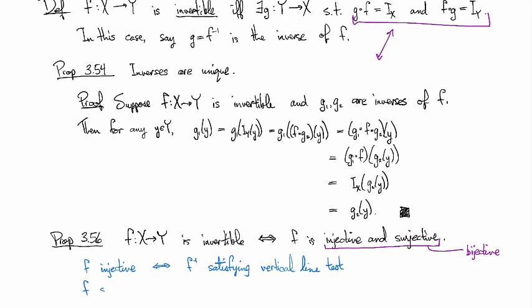Similarly, f being surjective is the property of f that allows for an inverse to be defined on all points. Like I said, I'm going to skip the proof, so we'll move on to the next clip where we'll start discussing linear maps.